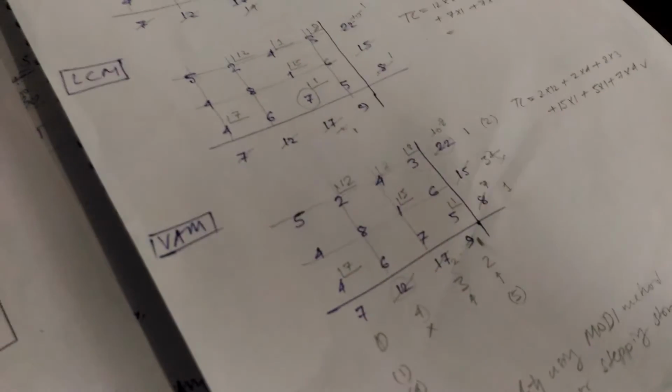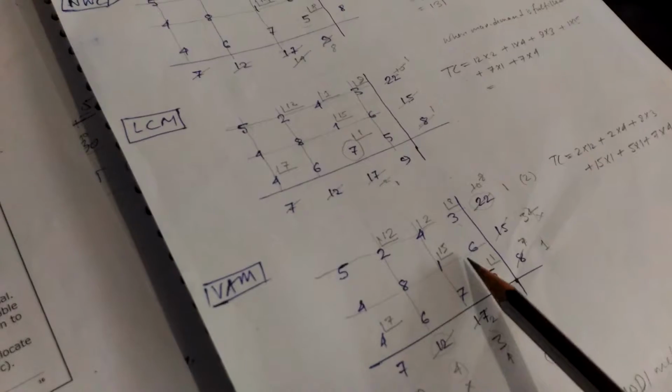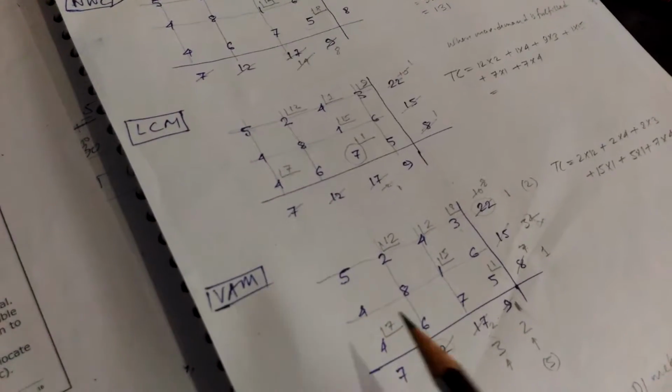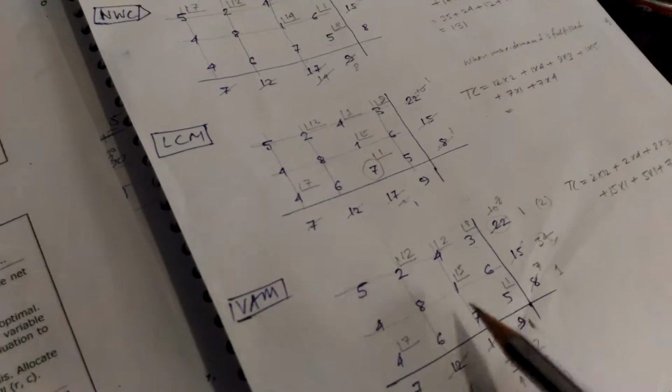Now move back to VAM. So what are the unoccupied cells here? 5 is unoccupied, 4 is unoccupied, 8 is unoccupied, 6, 7, 6. These are unoccupied cells. So we put only these values of unoccupied cells. From the first row it will be 5, 4, 8, 6.